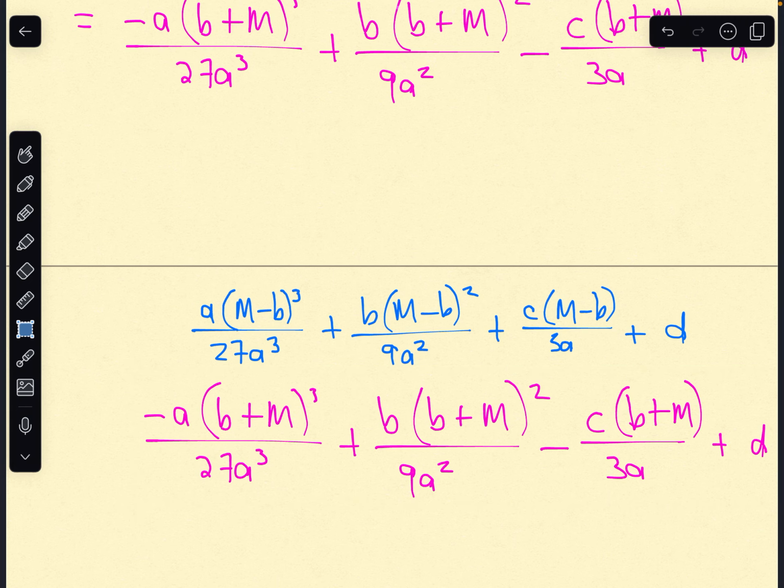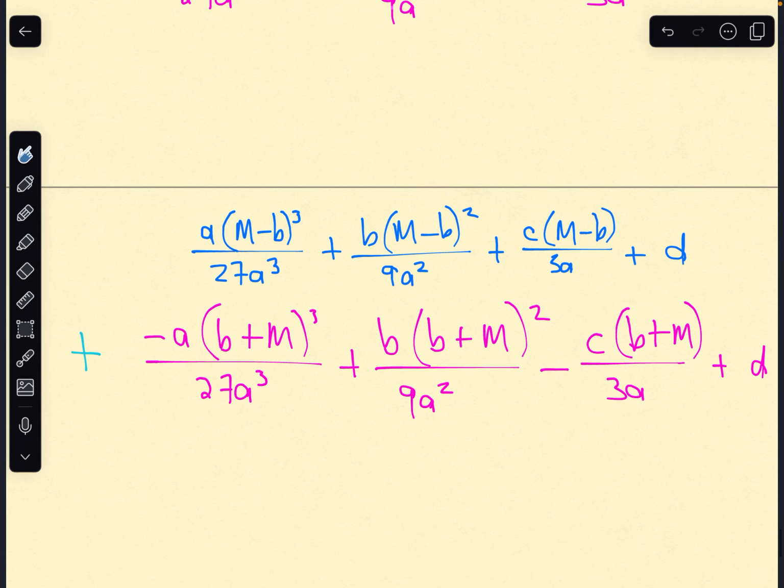Okay, so we want to add these together. Okay, so I think I am going to need to expand because, yeah, my brackets are a little different. So let me just quickly do that up here.